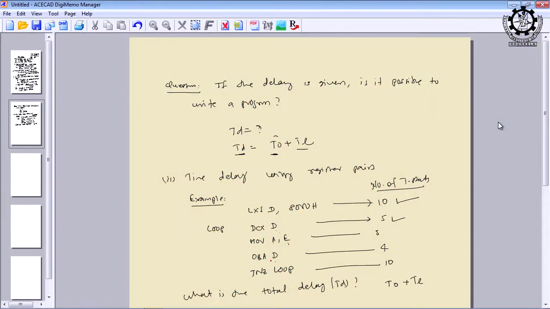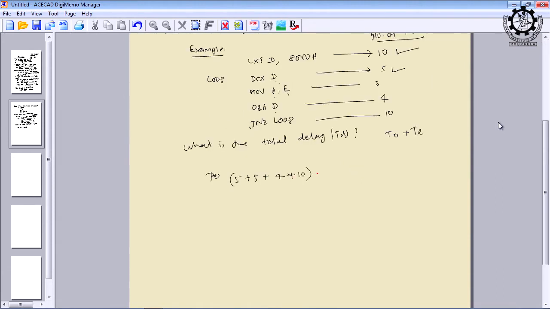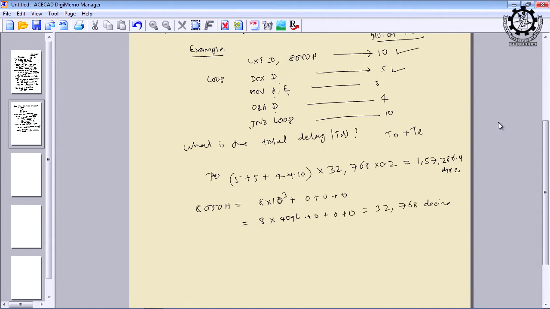The zero flag is set to 1 whenever the D content is 0 as well as the E content is 0, then JNZ loop, and if it is 0, come out from the loop. Is it okay? So, the total time is inside the loop we have 5 plus 5 plus 4 plus 10.